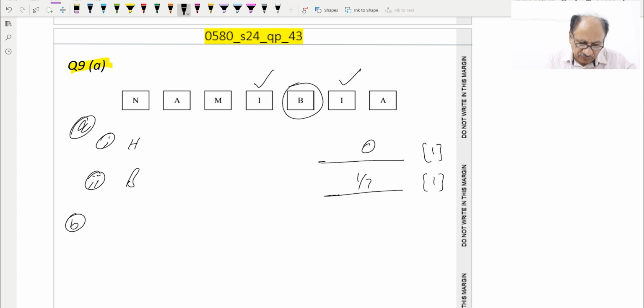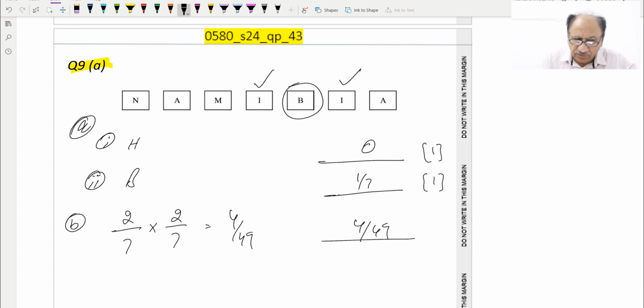So first card will be having probability of 2 by 7, and it is replaced. They are saying she replaces it, so it means that for the second card also the probability will remain the same, so it will be 4 by 49. So we can write here 4 over 49. Answer will be 4 over 49, and this is a 2 marks part which we have done.